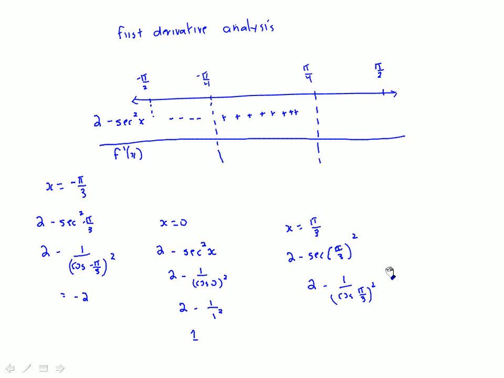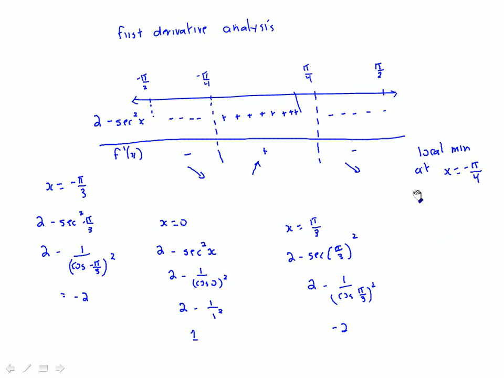So 2 minus 1 divided by cos pi divided by 3 squared, and I'm also getting negative 2. So I'm negative in this interval. So the first derivative is negative there, positive there, negative there. So it's decreasing, increasing, decreasing. So there's a local min at x equal negative pi over 4.